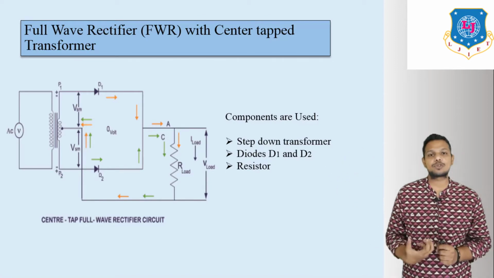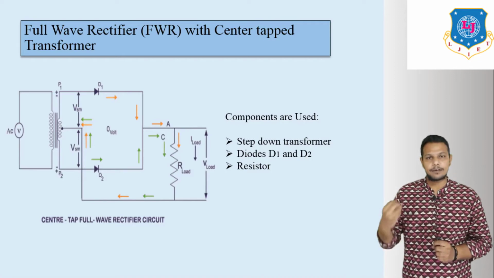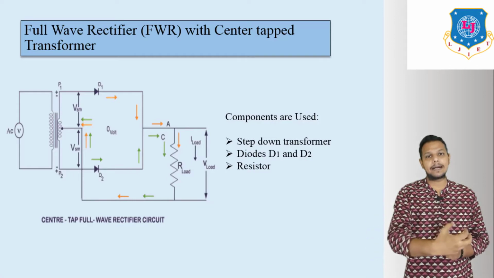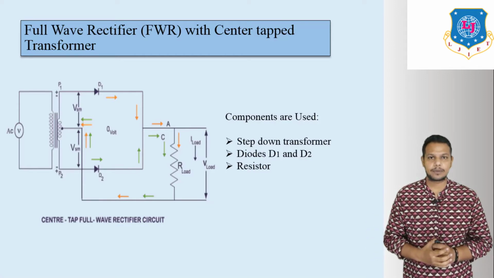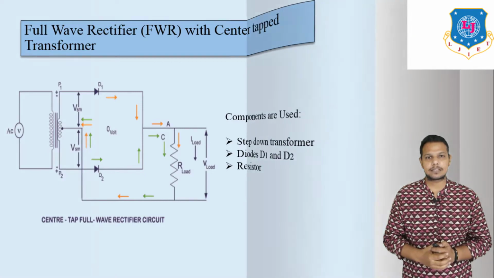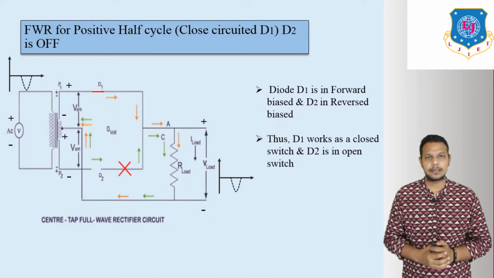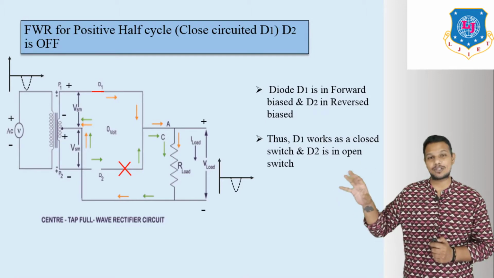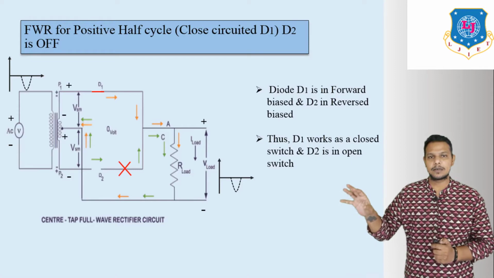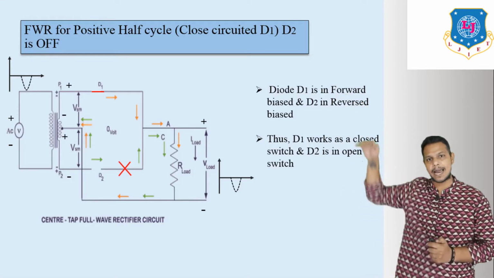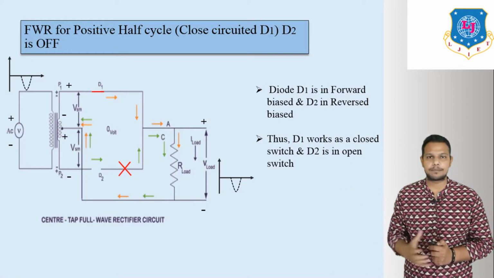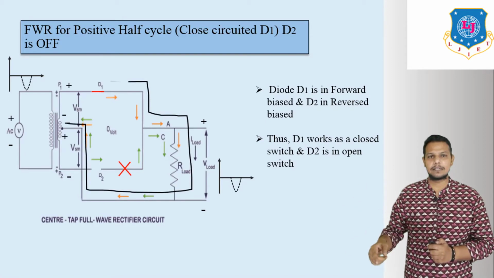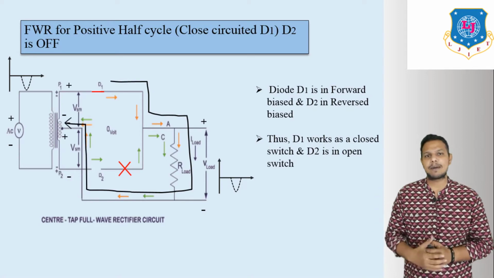We have to conclude what we will get at the output side if we enter a positive waveform at the input side. So let us discuss the positive half cycle first. In this circuit diagram, if we apply the positive half cycle, that means plus above and minus below, then current flows in this manner.